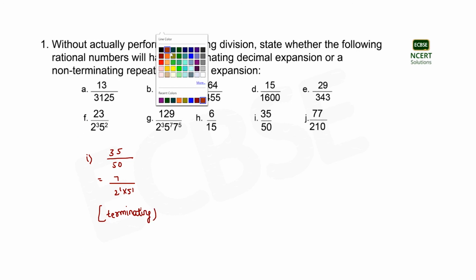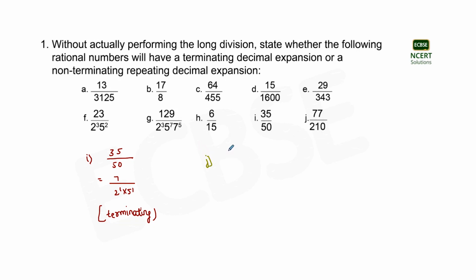Now coming to the J part, here the number given is 77 by 210. Performing the prime factorization for this number and simplifying it, it will result into 11 by 30, as they have the factor 7 common in both the numerator and the denominator.